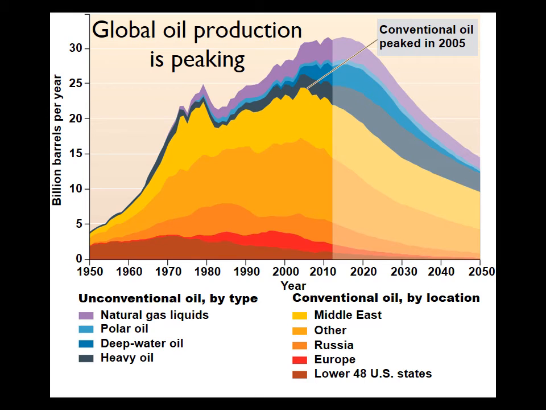And so you can see the amount produced by Russia was a big part of that. And again, if you look at the lower 48 U.S. states, that kind of brown polygon there, you can see that peaked around 1970 and has been decreasing ever since. So this is what's projected, right? And then toward the end of this century, the amount of oil is going to go down and down.